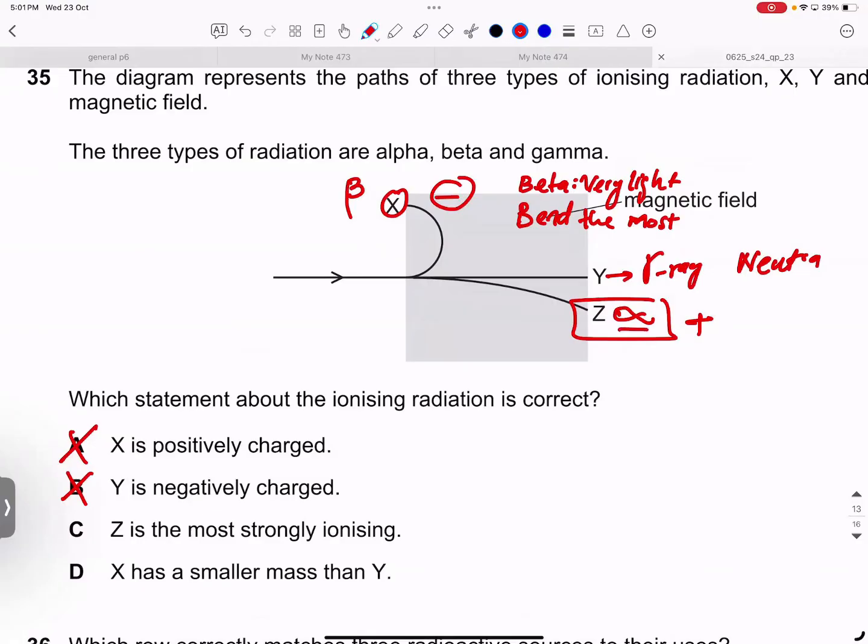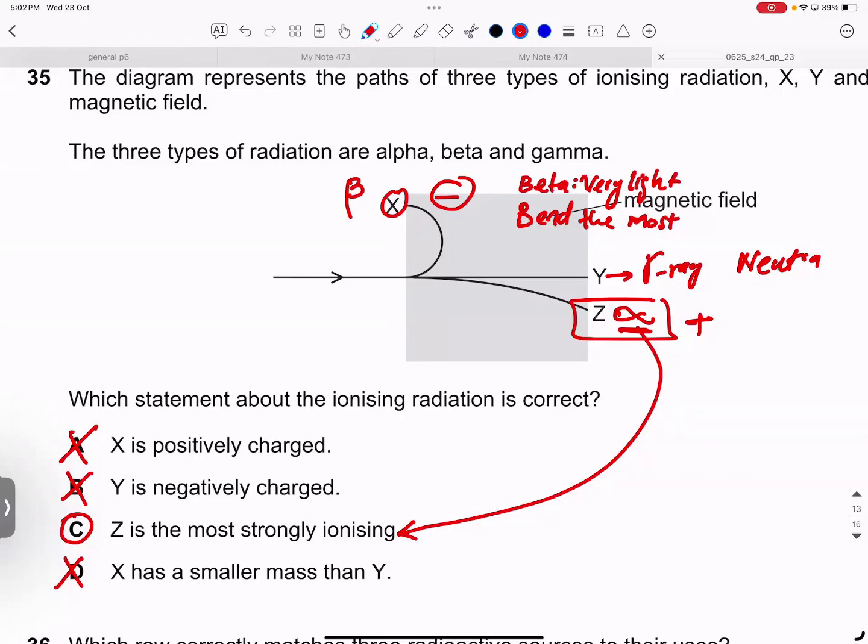Since Z is alpha, and yes, alpha is most highly ionizing radiation. X has smaller mass than Y. Y is massless, doesn't have mass. But X is beta, it has a mass. It is also wrong option. Correct option is C, my dear.